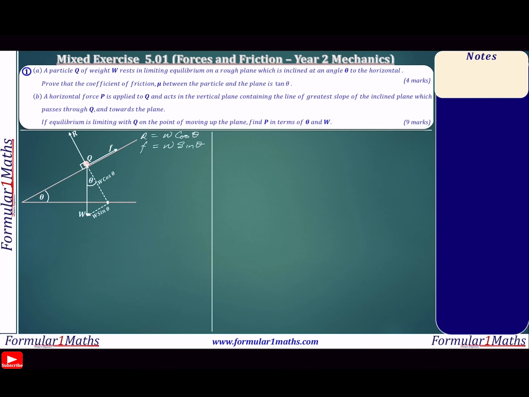We also know that the relationship between the frictional force and the normal reaction is given by F is equal to mu R, where mu is the coefficient of friction between the particle and the plane. I can now substitute R into this equation here.